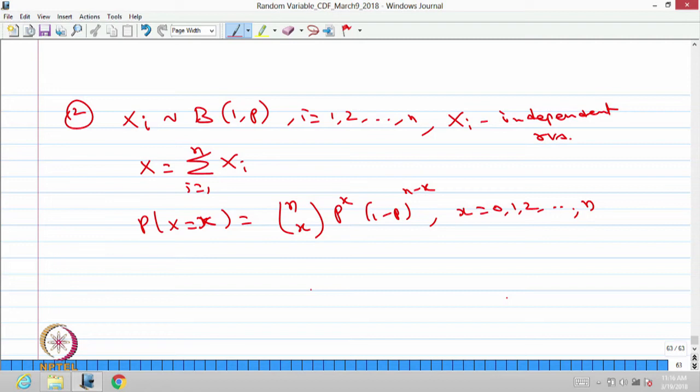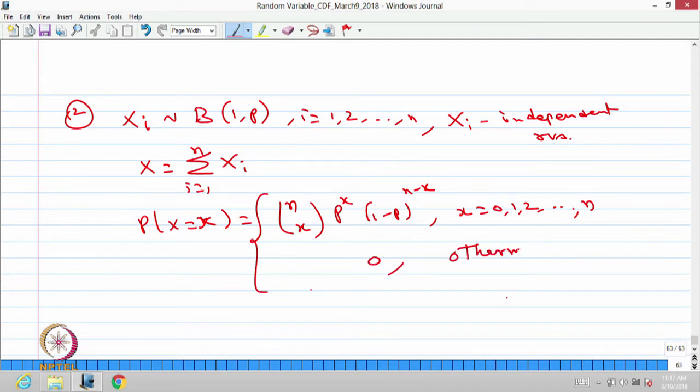That means, suppose X takes a value small x, that means out of n such Bernoulli trials you get x successes with the probability p, and the remaining n minus x are failures, that is 1 minus p power n minus x, with nCx possible ways. Therefore, the probability of X equal to small x is nCx p power x, 1 minus p power n minus x. So, this is the probability mass function of the binomial distribution.